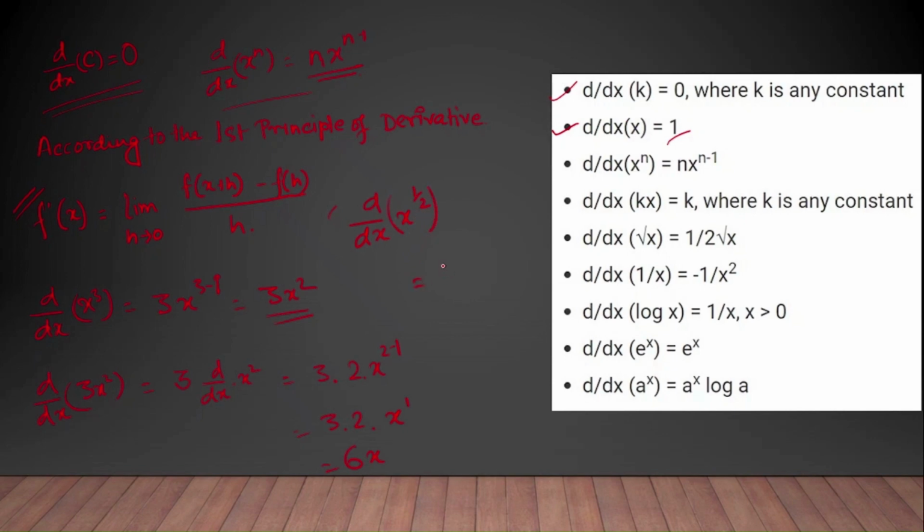So we can write it as half times x^(1/2 - 1), that is half times x^(-1/2), which is 1 by 2 times 1 by root x. This is the answer.